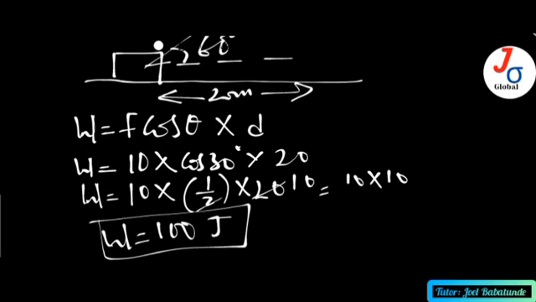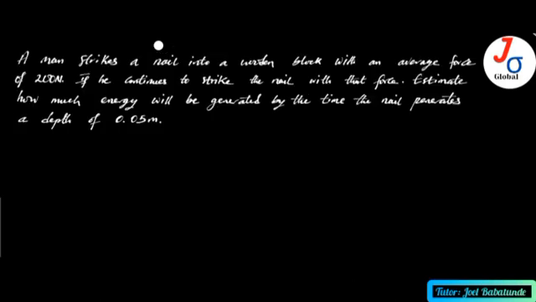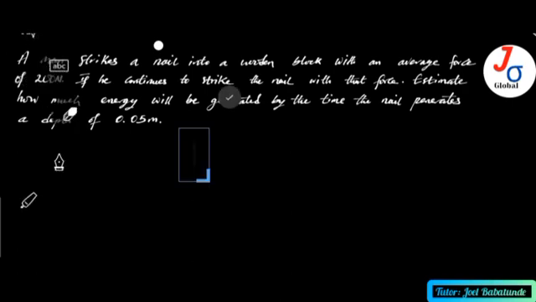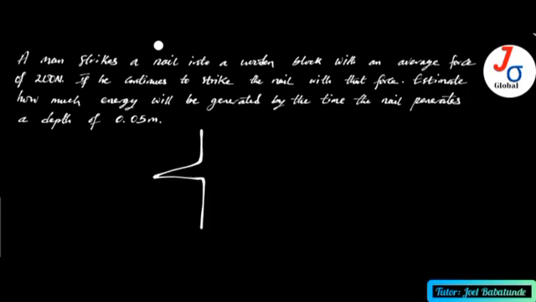So let's look at another example. A man strikes a nail into a wooden block. I hope I'll be able to draw that. I'm still good at drawing. Alright, let me just try.